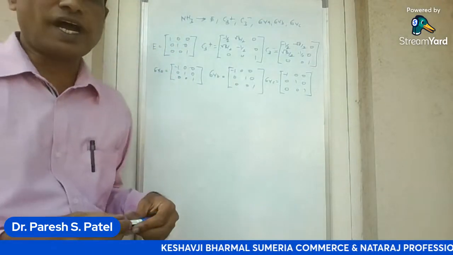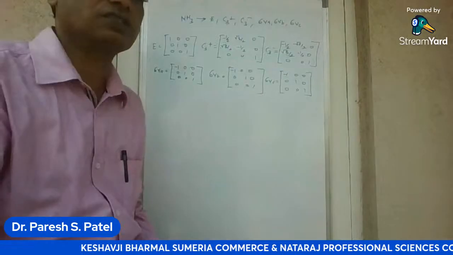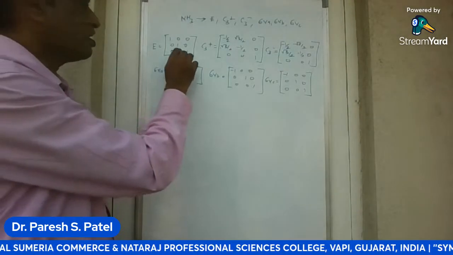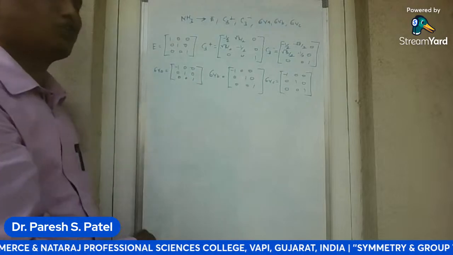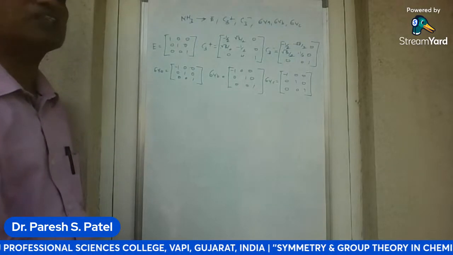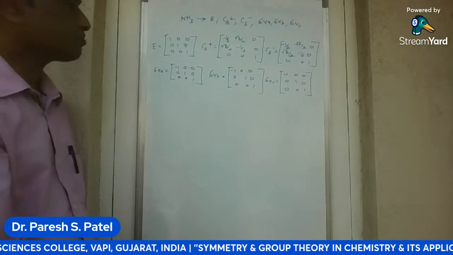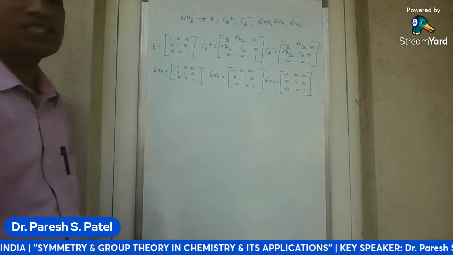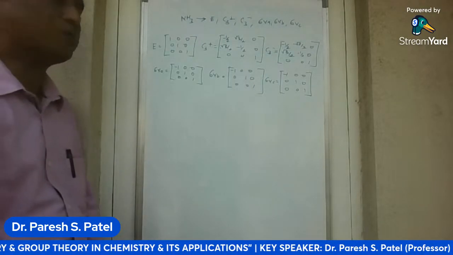So what is a reducible representation? We can reduce a higher dimension matrix into a lower dimension matrix, so that representation is called a reducible representation. The matrix representation for the identity symmetry operation is a three-dimensional representation, so this is a reducible representation. We can reduce this three-dimensional matrix into lower dimensional matrices.